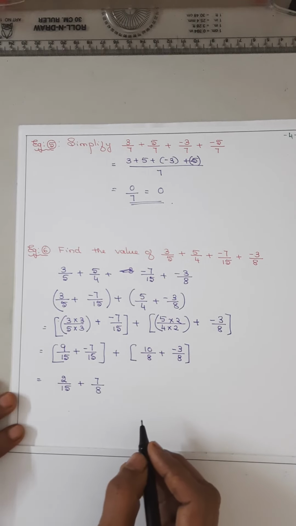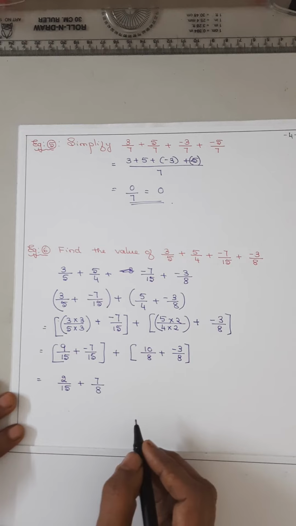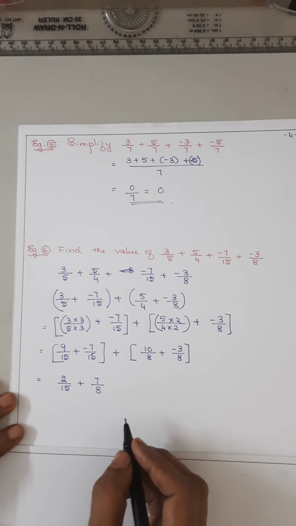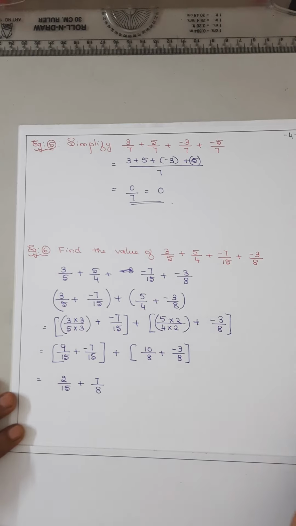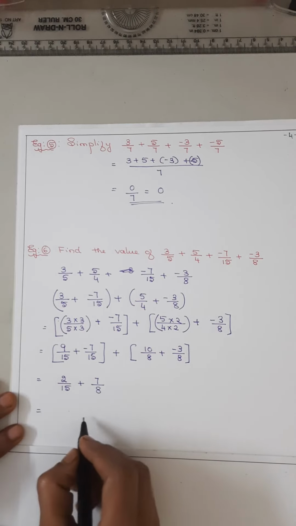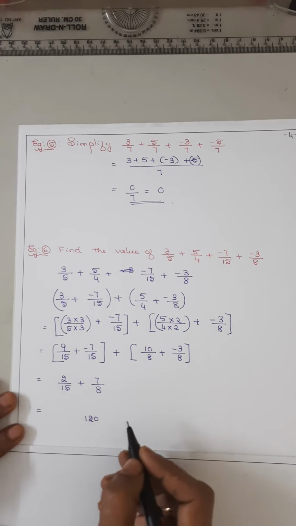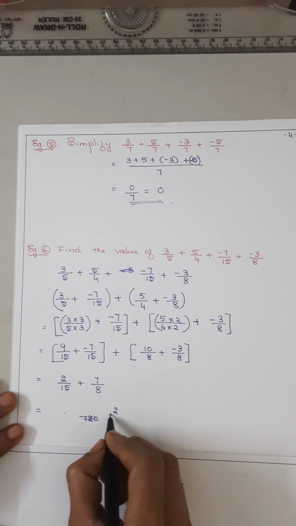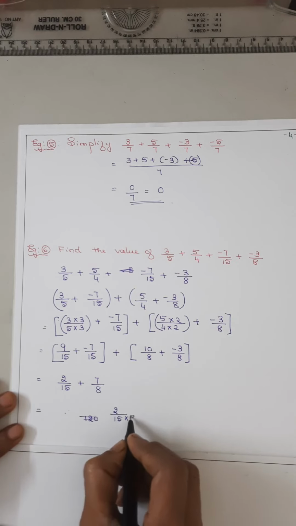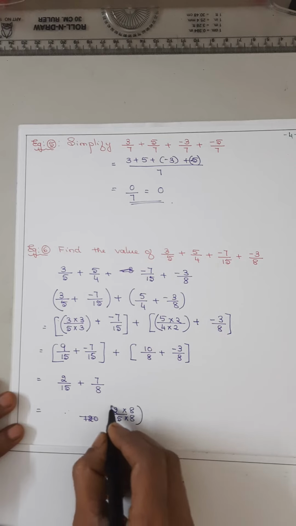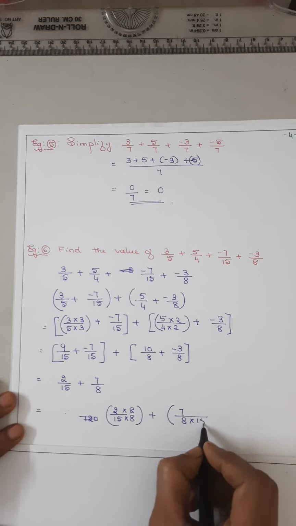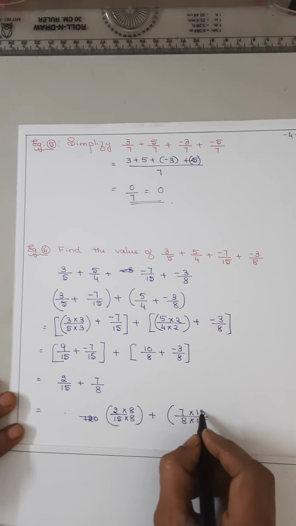Now 15 and 8, LCM is 120. Directly it will be 120. You can find out the LCM and you will get it to be 120. So for 120 what we have to do? 2 by 15, 15 eights are 120, plus 7 by 8, 8 fifteens are 120.